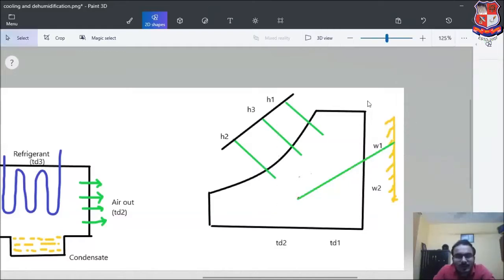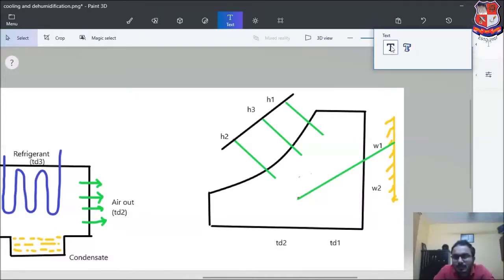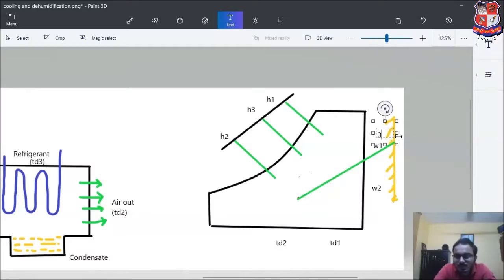So let us say you are given a sensible heat factor of 0.7. Then with the reference point you can draw this line.